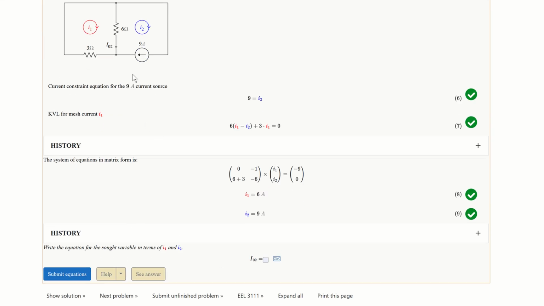Now we were asked to compute I02. Well, if we look at the direction, I02 matches I1. So in the direction of I1 is opposed by I2. So our current I1, I1 minus I2. In the direction of I1, but not in the direction of I2.